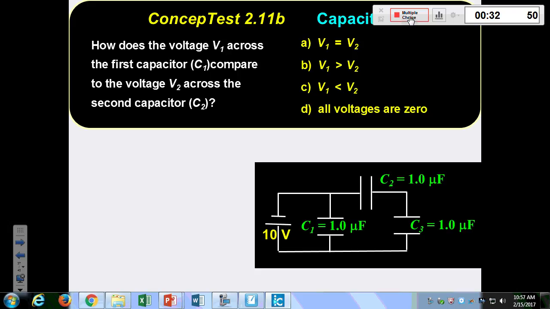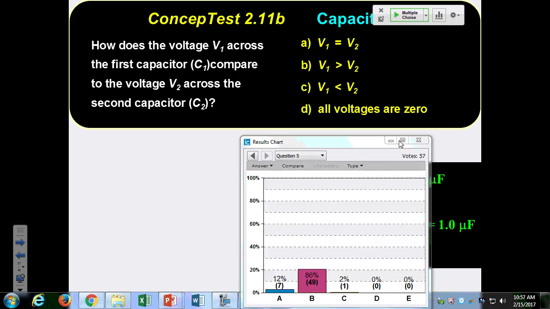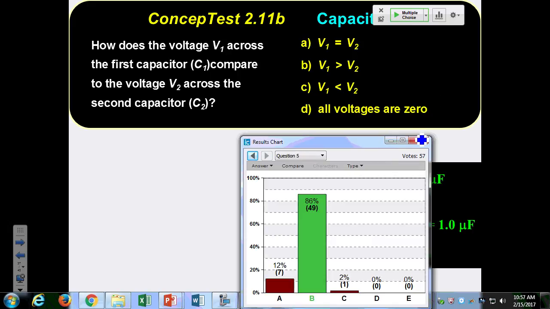All right, let's stop at 45, about 10 more seconds. A few more seconds. Okay, good. B is right.